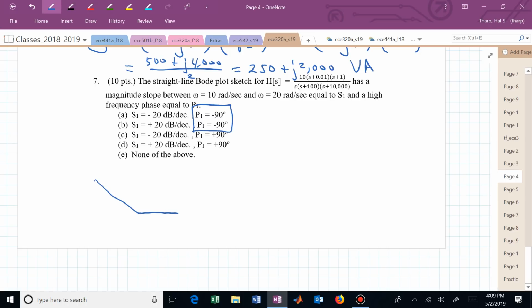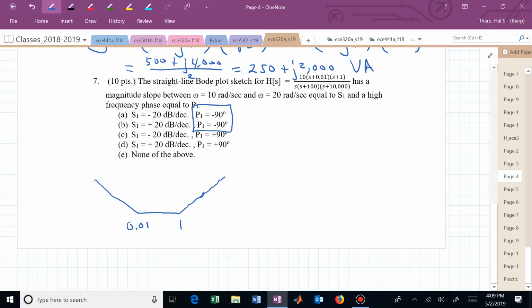And then what happens next? What break do we hit next? We now start going up at 1 because we have another zero coming. So here is 0.01 and there's 1. And now what happens? Well, that's supposed to be a straight line, but it's going up still until 100, and then we have effectively 2 poles active and 2 zeros active.